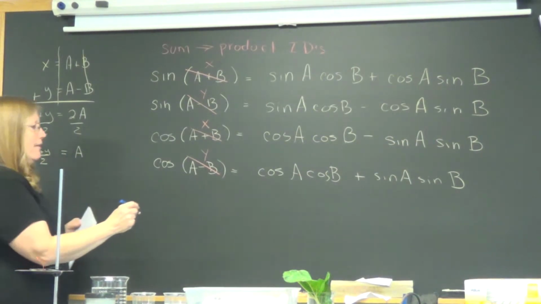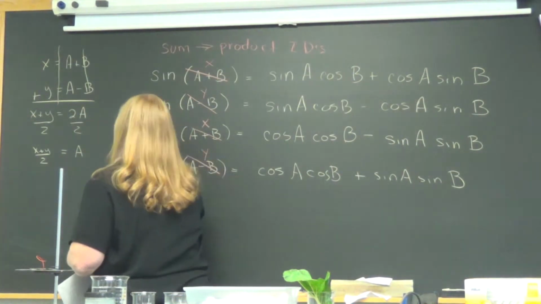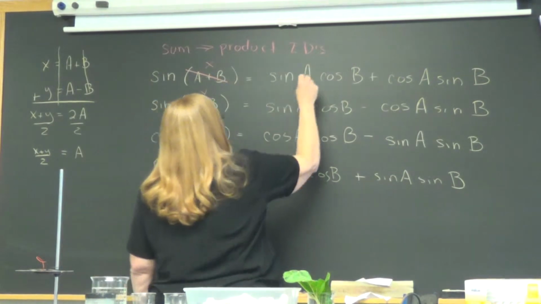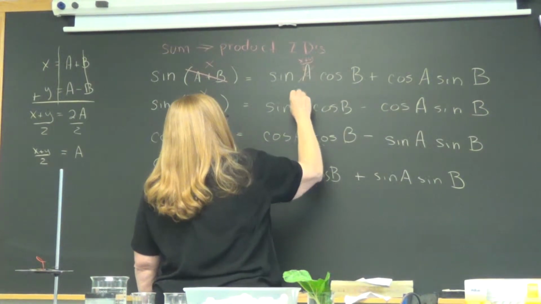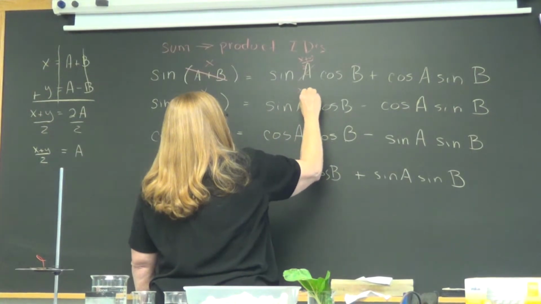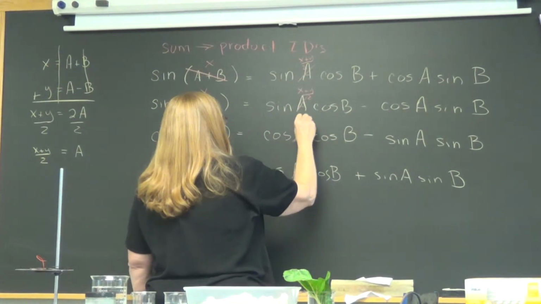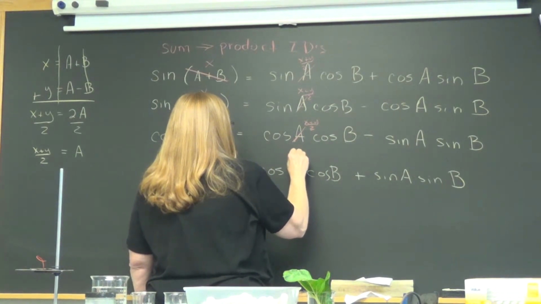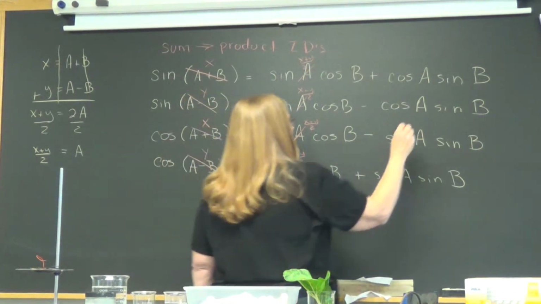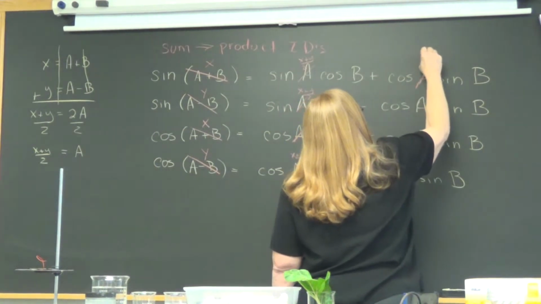So everywhere I have an A, I'm going to come over here in pink and put in (X plus Y) over 2. See, it's hard to get all this on the screen in the video. So all my A's become (X plus Y) over 2.